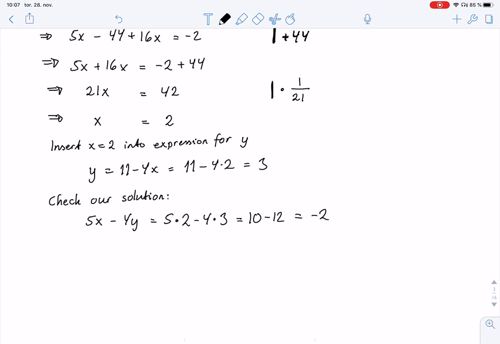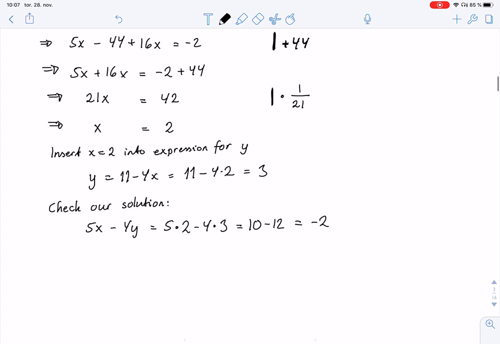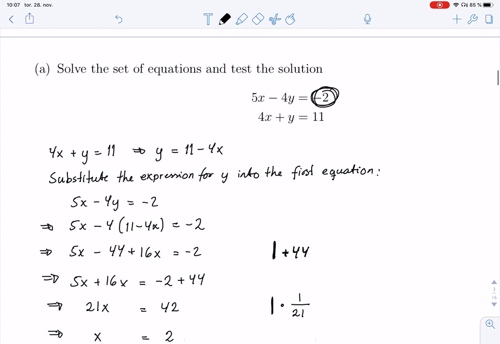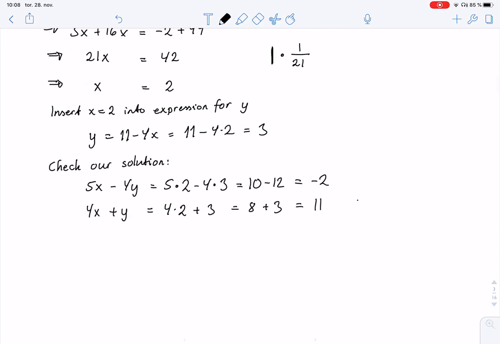It's minus 2, and that was what we had here. Then we had 4x plus y in the second equation. 4 times 2 plus 3 becomes 8 plus 3, which is 11, which is also what we were supposed to get. So this is okay. So then we have our solution.